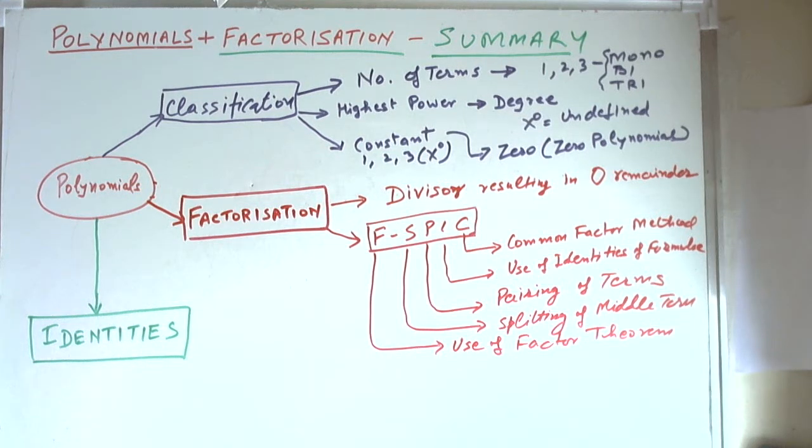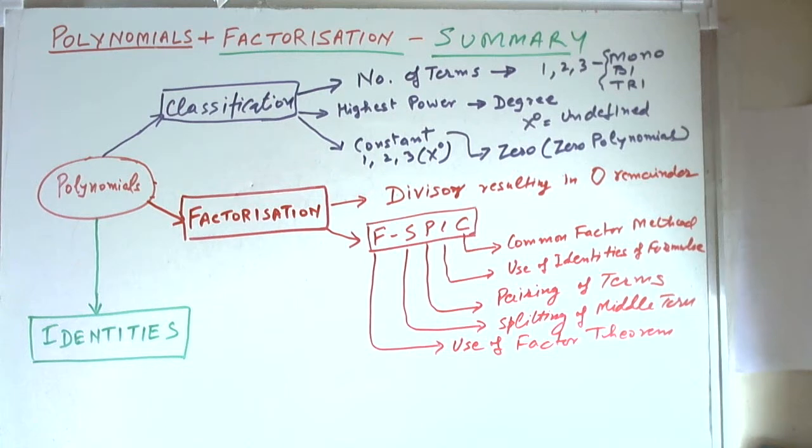And also splitting of the middle term, especially if it is a three-term polynomial, like a trinomial. And last but not the least, a very useful method is applying the factor theorem, where we find the condition of zero of the polynomial, and then we know that that particular expression is a factor of the polynomial.